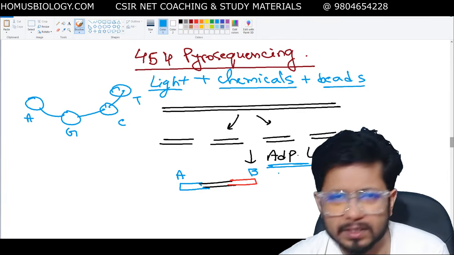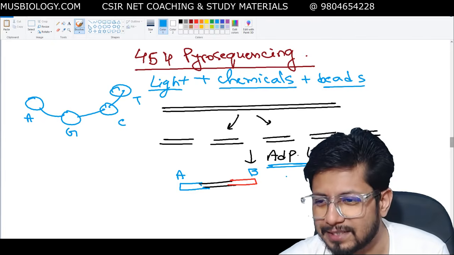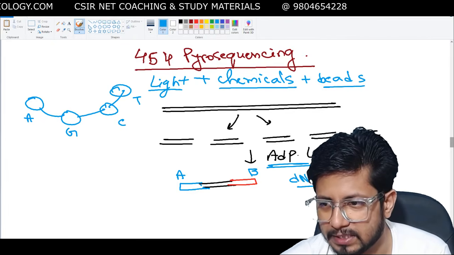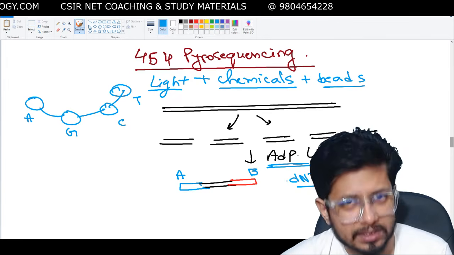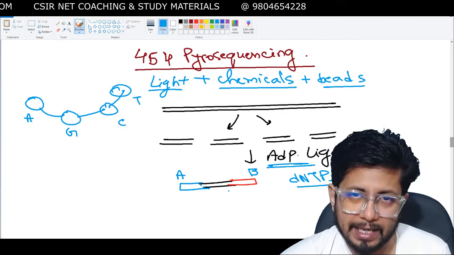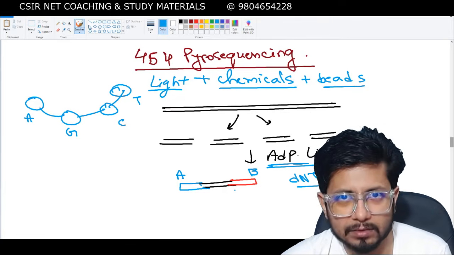And what are the adapters? These are also made with dNTPs. Basically, these are small stretches of nucleotide sequences as adapters. But these adapters can interact and adhere to the bead. That's how the adapters are designed.